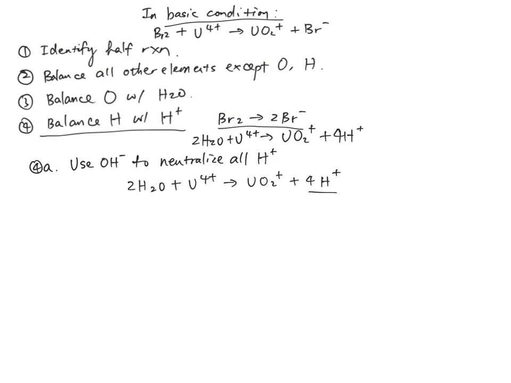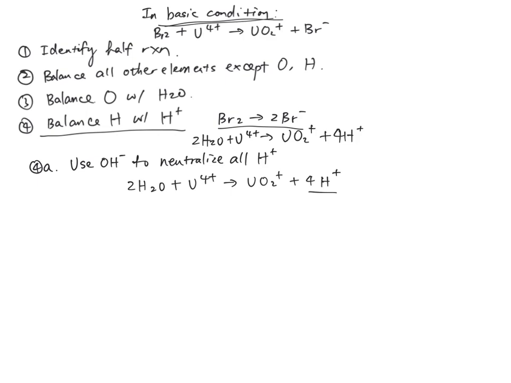half reaction. But we also know that now you're in basic condition. Okay? In a basic condition, you know what's going to happen to H plus ions. Remember? H plus ions and hydroxide ions, they're soulmates. Once they see each other, they're going to get together.